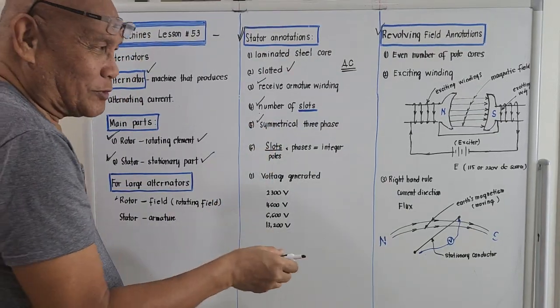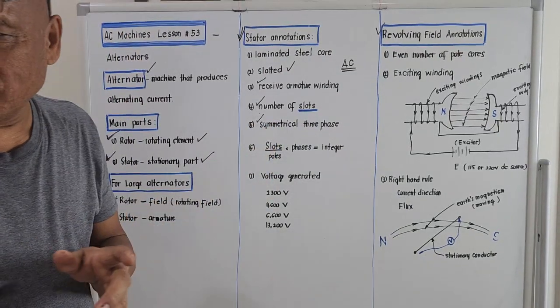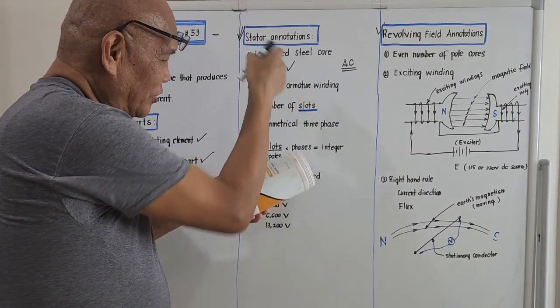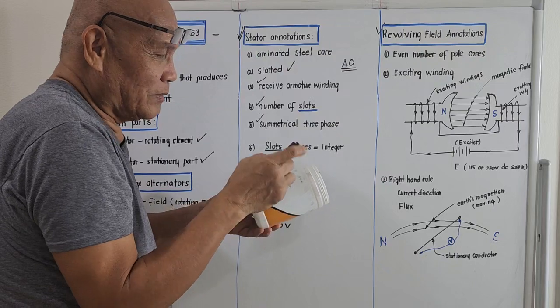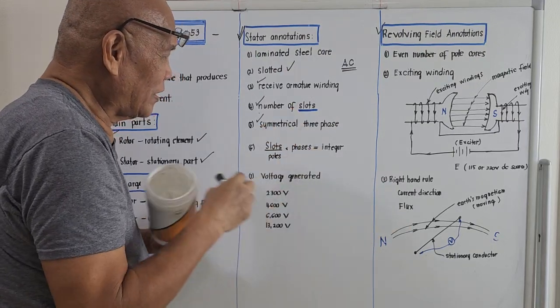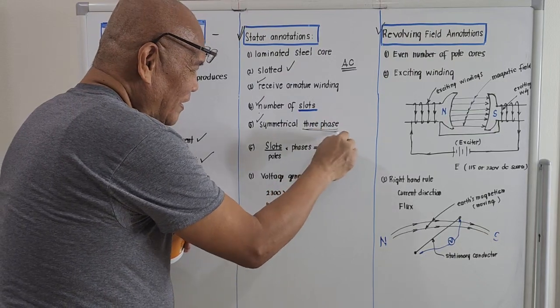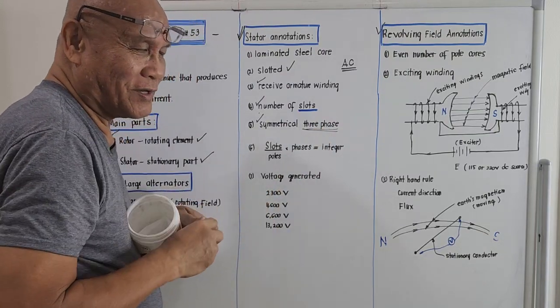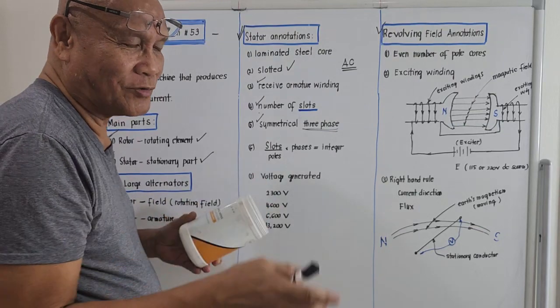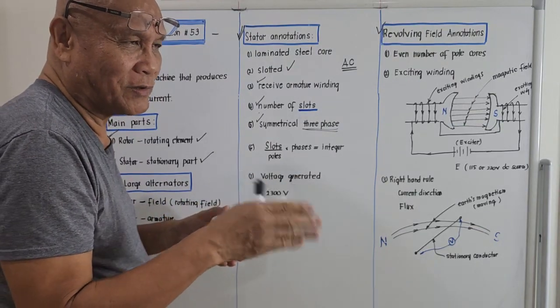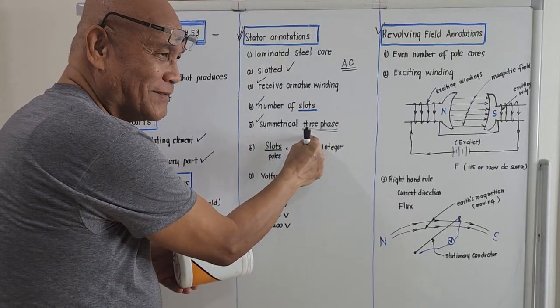If you construct slots around the stator, just make sure that it is a symmetrical three-phase. We are now designing a generator in which this stator will produce a three-phase generated voltage.